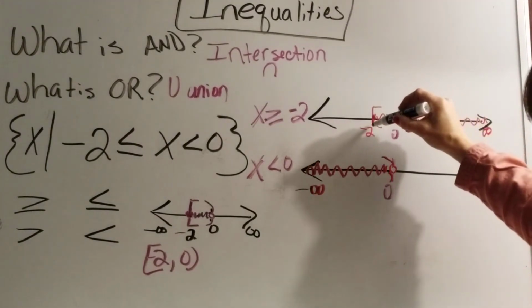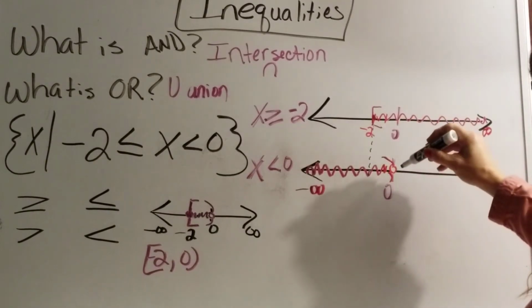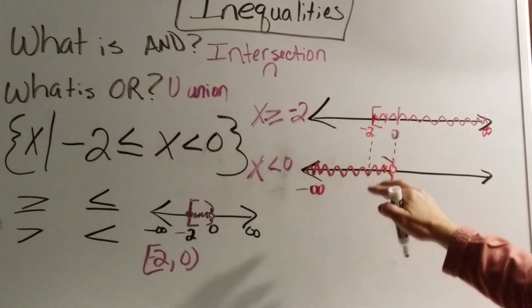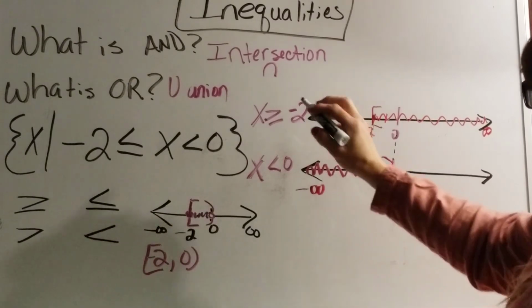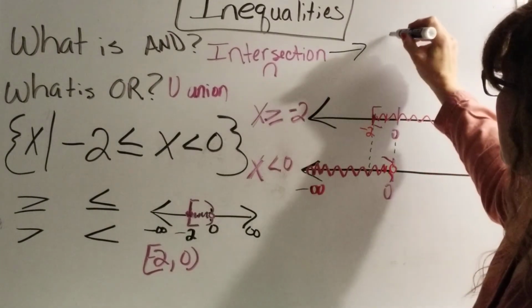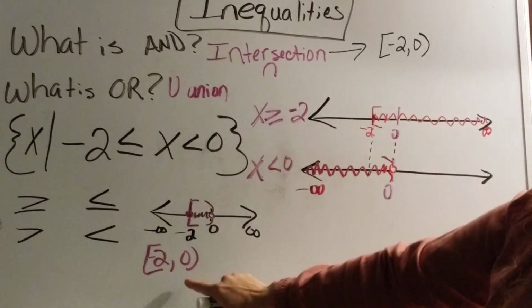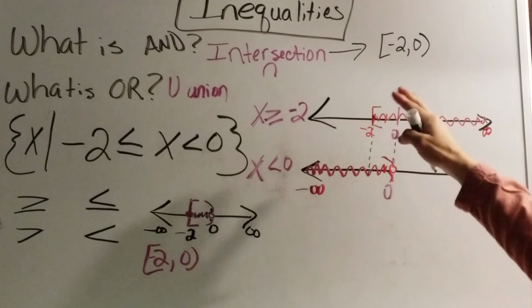We have negative 2, so if I drop it down, yeah, we're sharing that point. At 0, where this one ends, we come up. So our intersection here is going to be -2 to 0. And how I would write that is bracket -2 comma 0, parentheses, which worked out great, right? That's how it was here. It doesn't always happen that way, but most of the time it does.